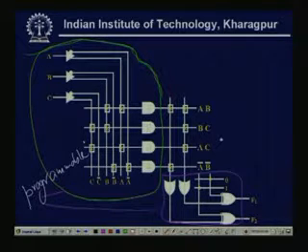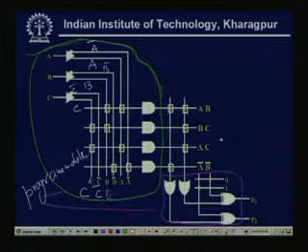So it has 3 inputs A, B, C, and just like what we have seen, both A and A bar are available. That means this is my A and this is A complement, B, B complement, C, C complement, and they are given. We can write here also: C, C bar, B, B bar, A, A bar.